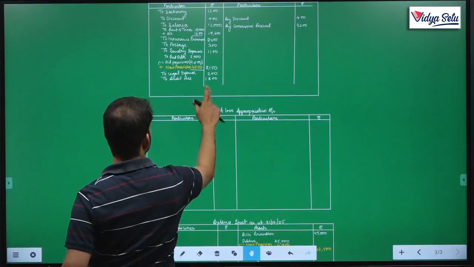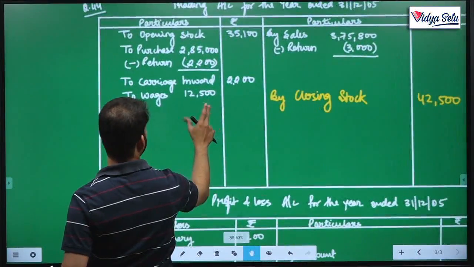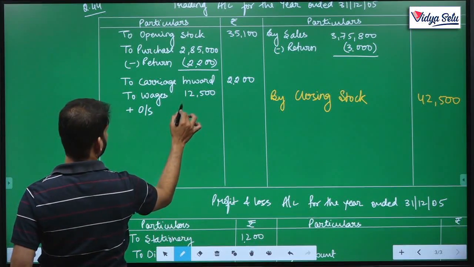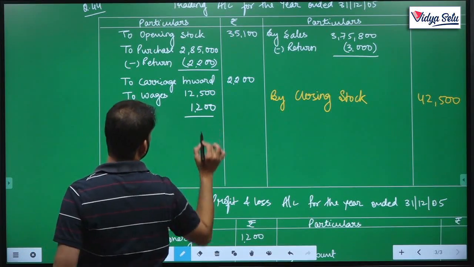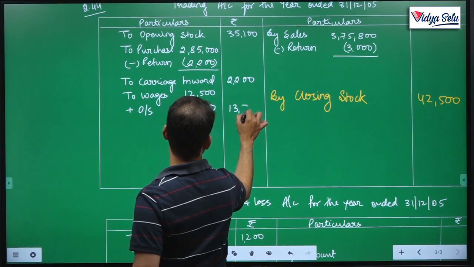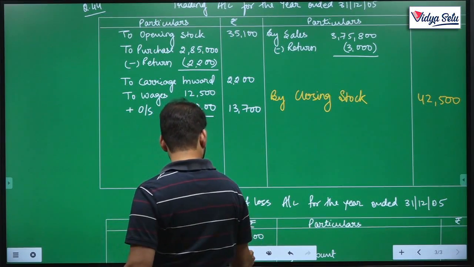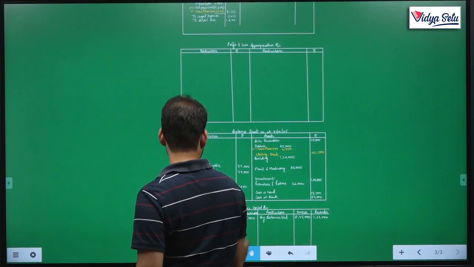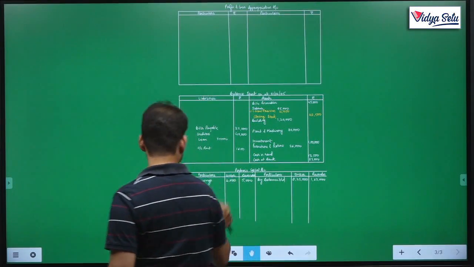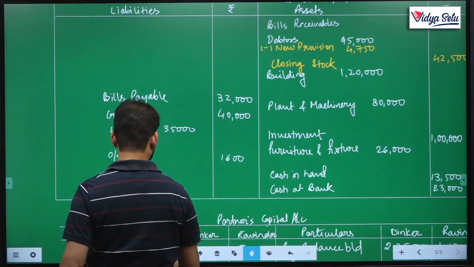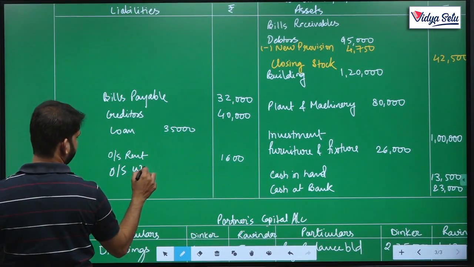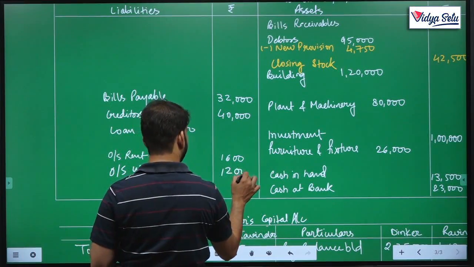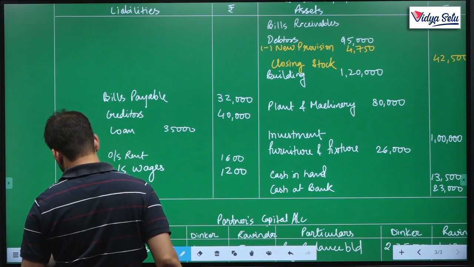Now, next thing, wages are outstanding to the extent of 1200. So 13,700. 1200.